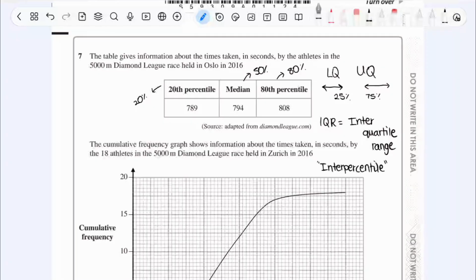So the interpercentile range is not specific like the interquartile range. The interquartile range is always the upper quartile minus the lower quartile, or 75 minus 25%. The nice thing about interpercentile range, well, it's typically around the 10 to 20 and 80 to 90 points. You can use any two percentages really. And here we've got our 80 and our 20 percentile.